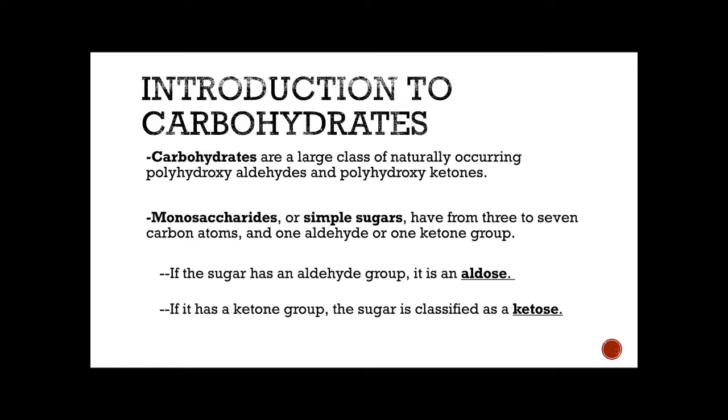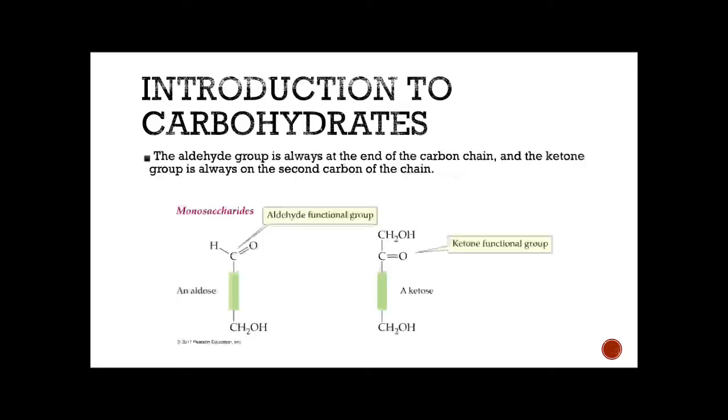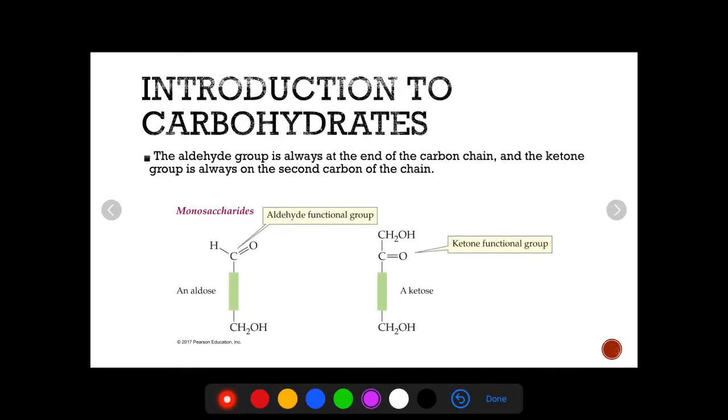If it has an aldehyde group, then it is classified as an aldose. But if it has a ketone group, then the sugar is classified as a ketose. The aldehyde group in the carbohydrate is always located at the very top, or carbon number 1.